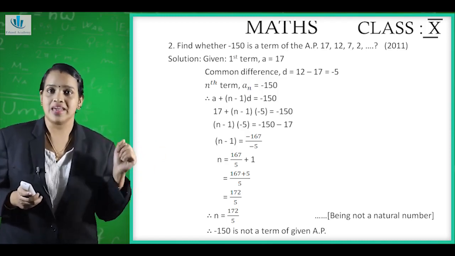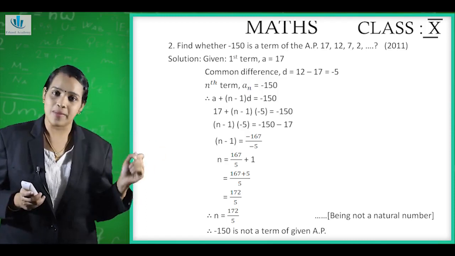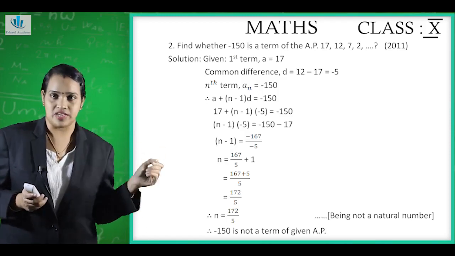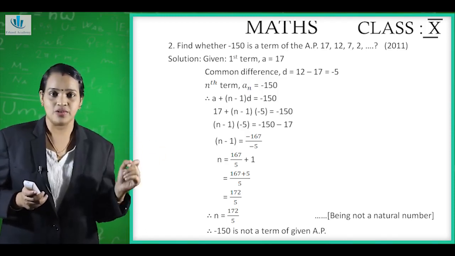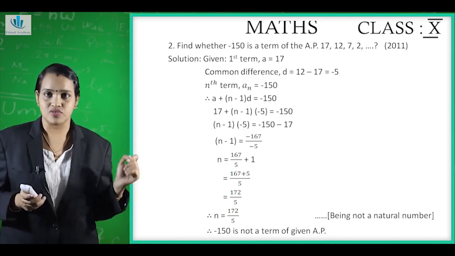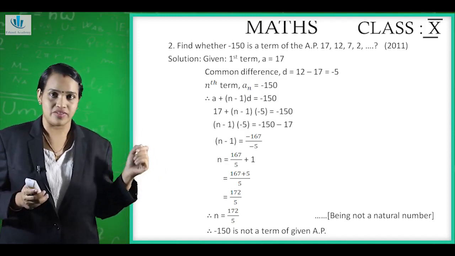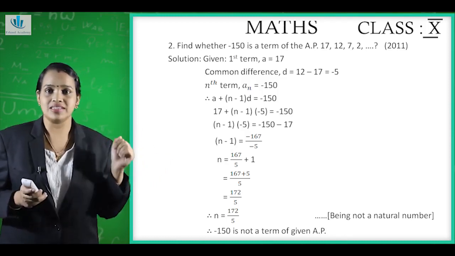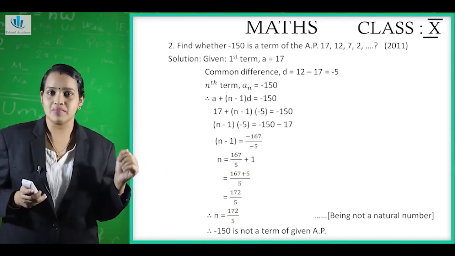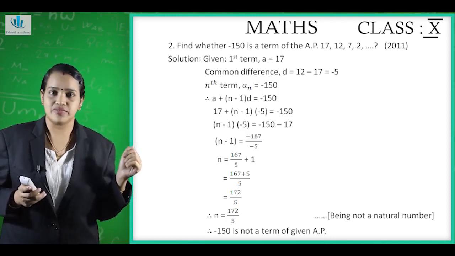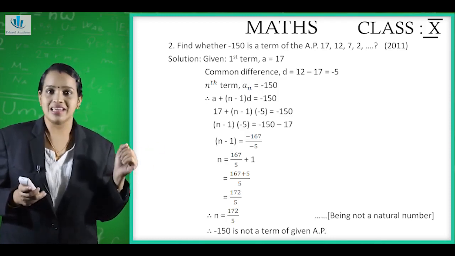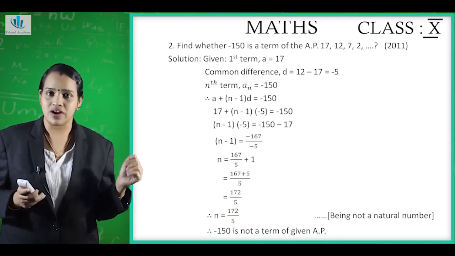Therefore nth term AN is equal to minus 150. Therefore formula you know, A plus n minus 1 into D is equal to minus 150. A, you already know it is 17 plus n minus 1, you know the difference D, it is minus 5, it equal to minus 150.